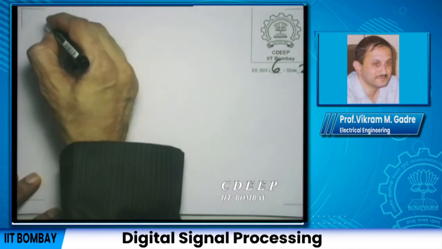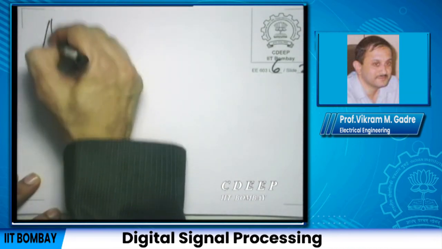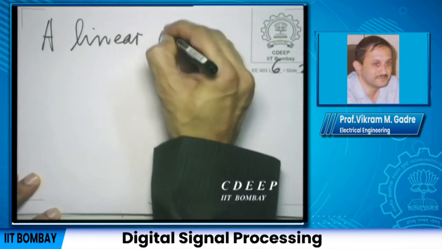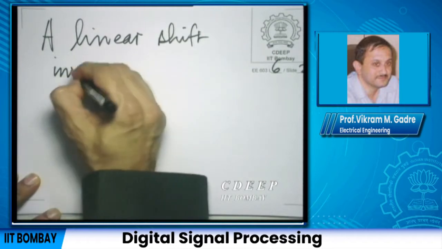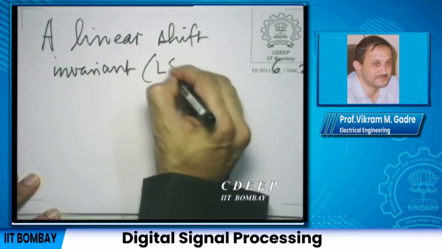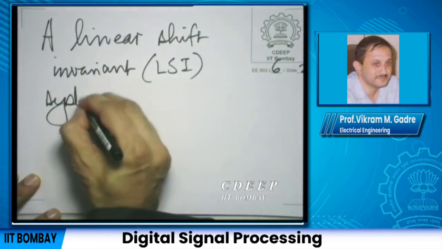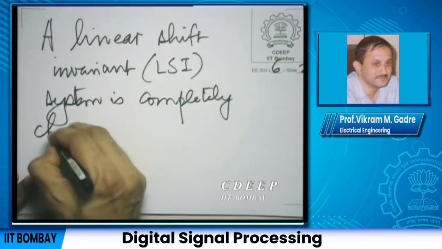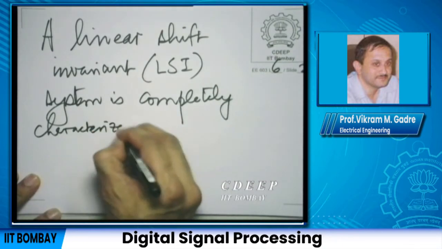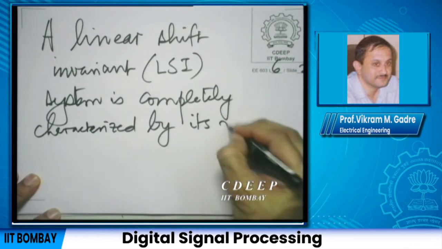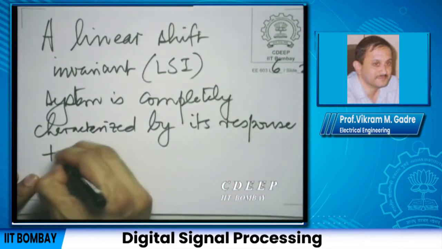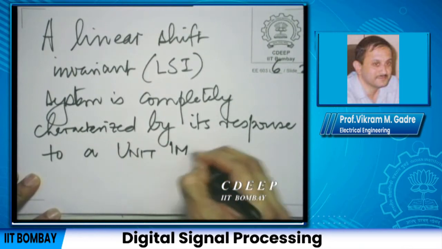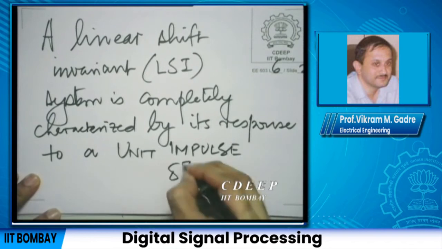We had remarked in the previous lecture that a linear shift invariant system, and now we will use an abbreviation for this, is completely characterized by its response to a unit impulse, delta n.